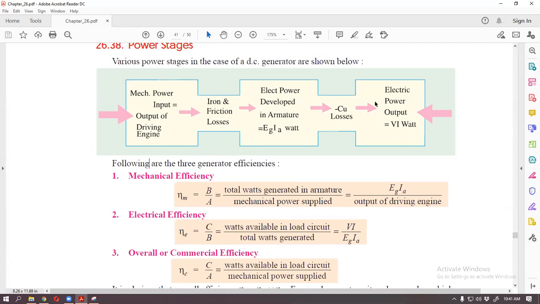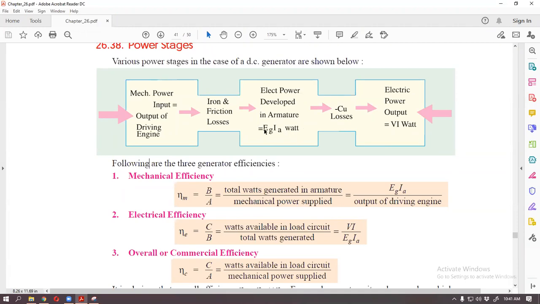Okay, all are clear? Yes, sir. Sir, may you write the loss formula? Yes, for example copper losses, iron and friction losses. Iron and friction losses are fixed.